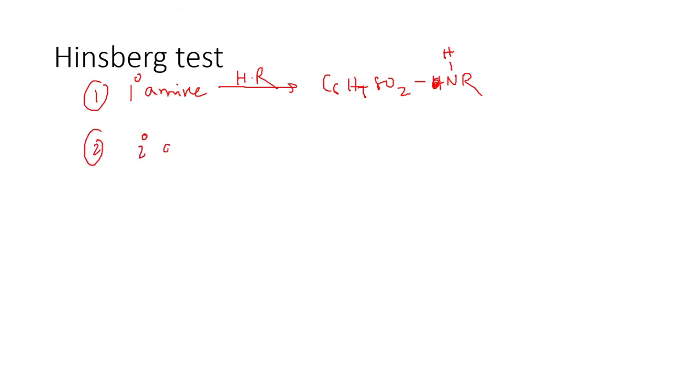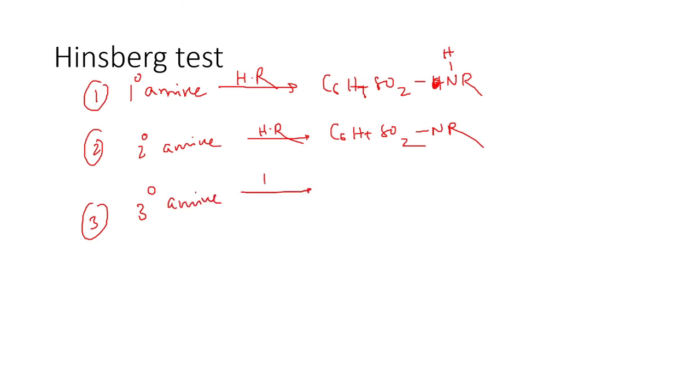And when we react a secondary amine with the same Hinsberg reagent, we get C6H5SO2NR2. And of course, with a tertiary amine, there is no reaction, because of the lack of hydrogen on the nitrogen atom.